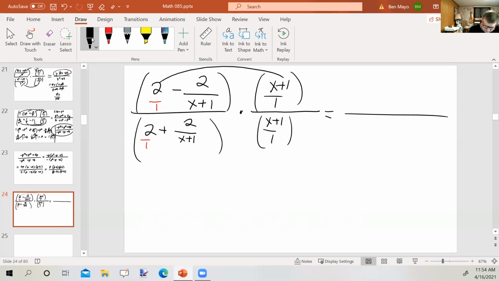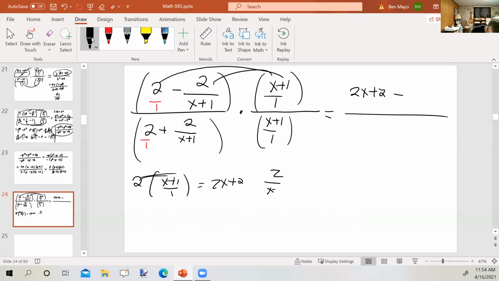and distribute. 2 times x plus 1 over 1 would be what? 2x plus 2. So 2x plus 2. And then minus 2 times x plus 1 times x plus 1 over 1. The x plus 1s would reduce out, so we'd have minus 2.